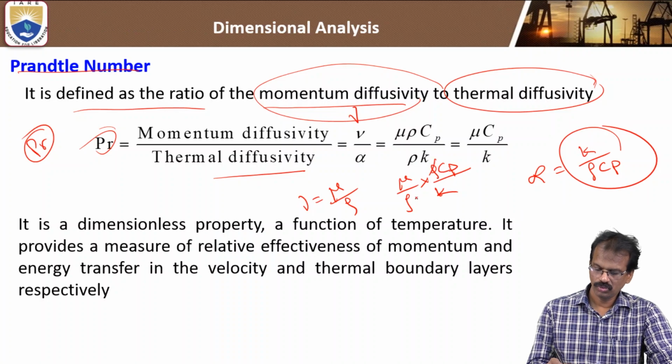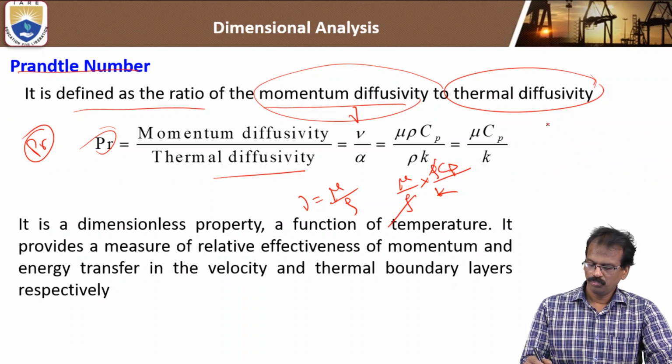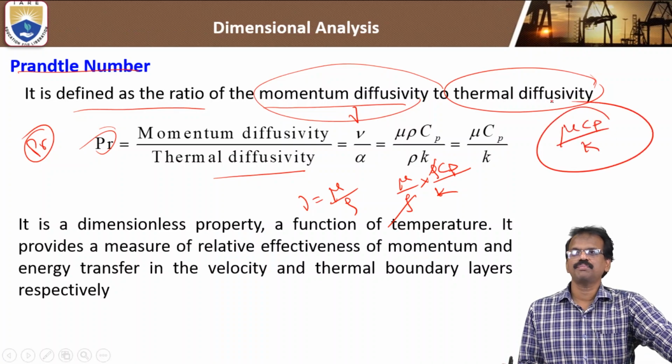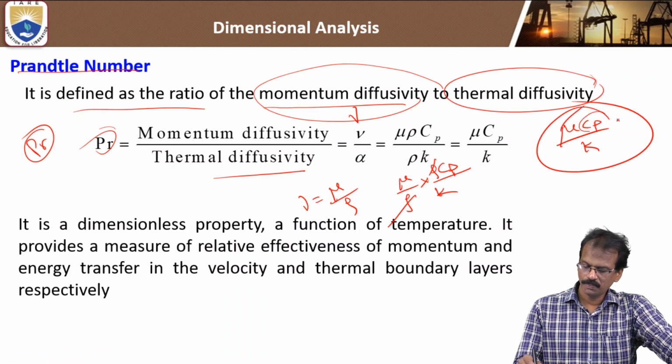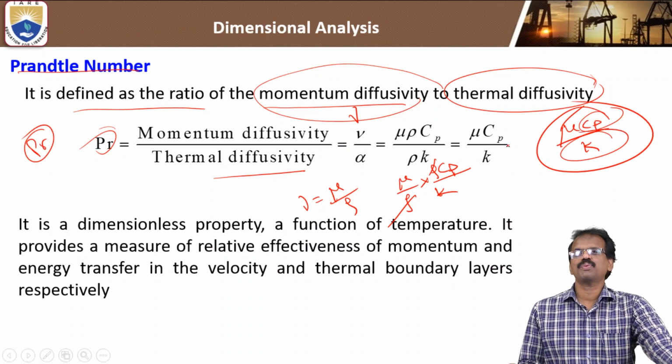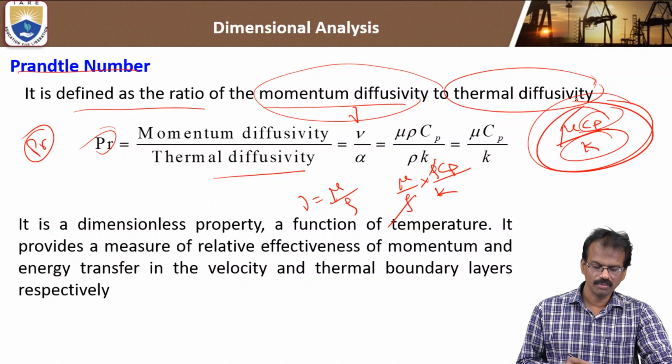This rho will be cancelled. Then the final formula is mu Cp by k. Mu is the dynamic viscosity, Cp is the specific heat, and k is the thermal conductivity. These are the properties of the fluid, and the combination of these is nothing but the Prandtl number.